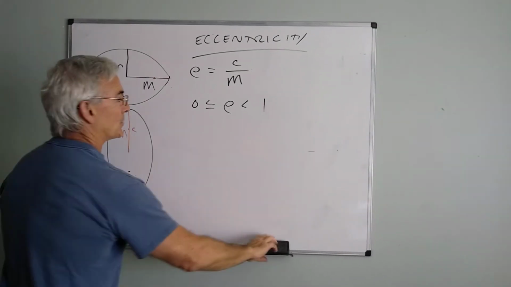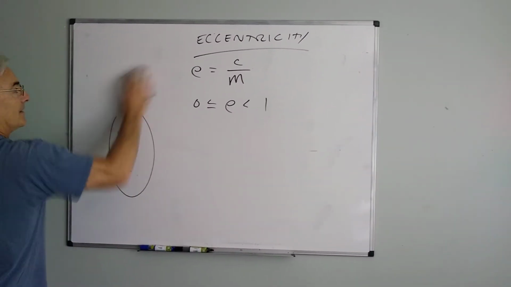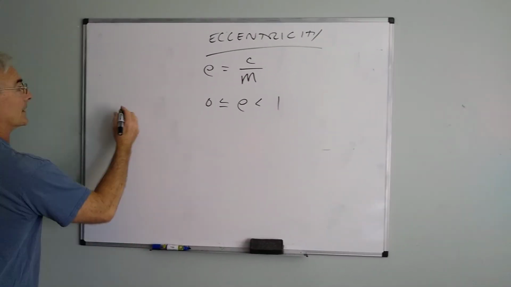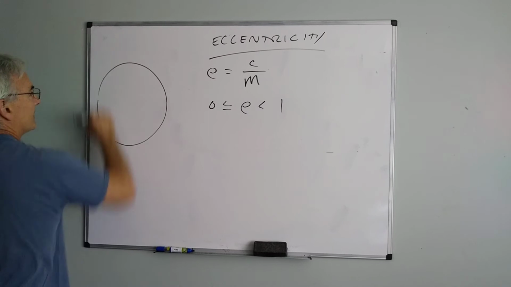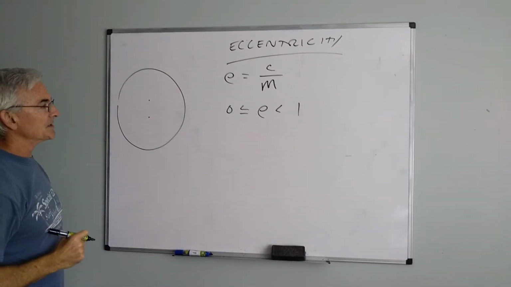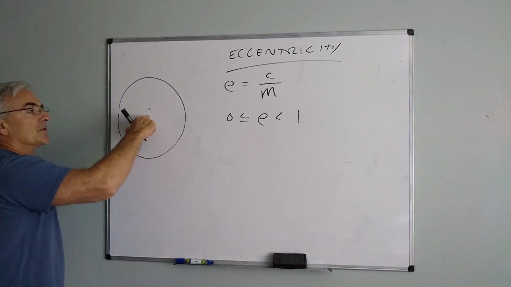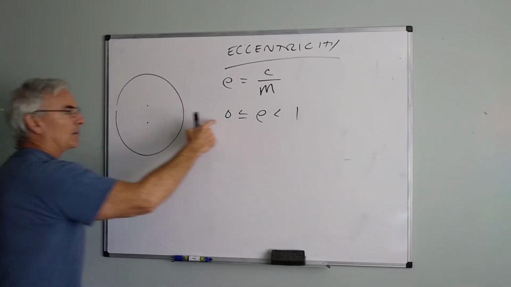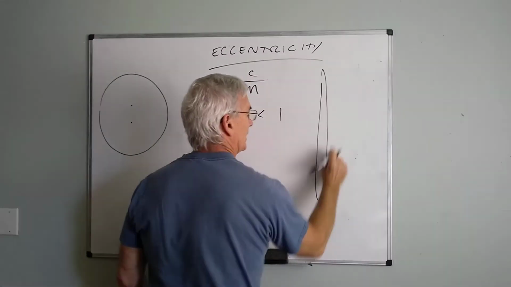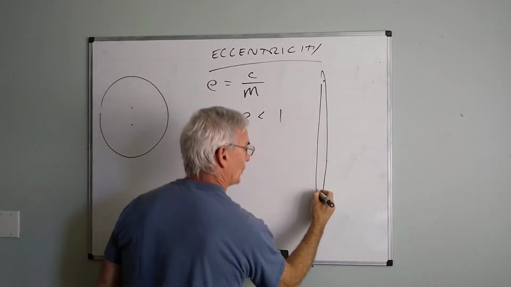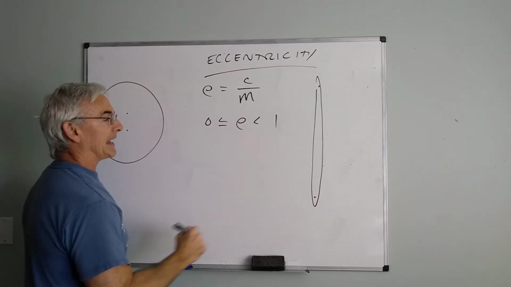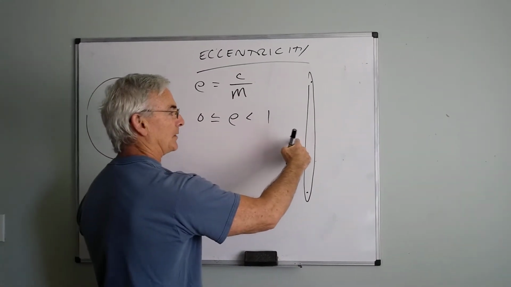Now, there's an easy way to remember the ellipse. If I draw a vertical opening ellipse, if the foci are fairly close together, like they would be in this case here, then the eccentricity of this ellipse is fairly close to 0. But if I drew an ellipse that was very long and skinny, where the foci are really far apart, then the C would be very close to M, and so the value of the eccentricity would be very close to 1.